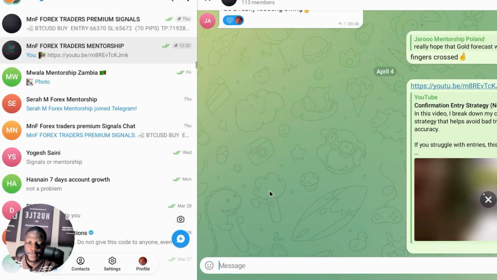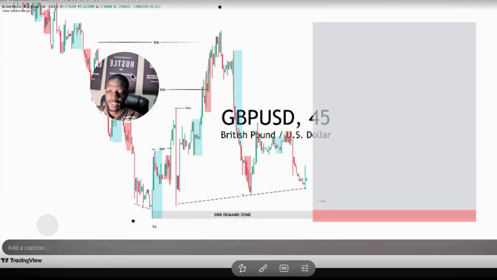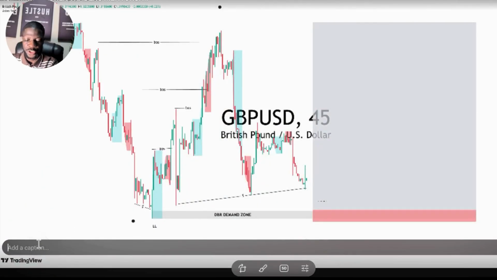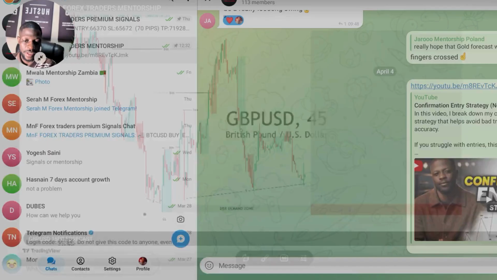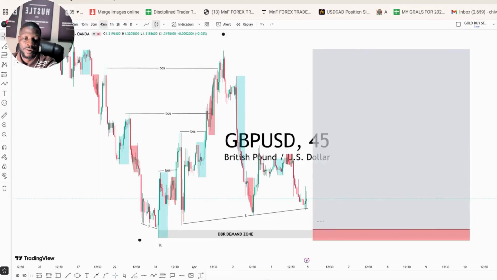This is GBP USD. It's a 16-hour forecast. So like that, we've shared this, and then once the market comes into a particular area, we'll be able to share it in our premium signals community. But for now, that's all we have to do.